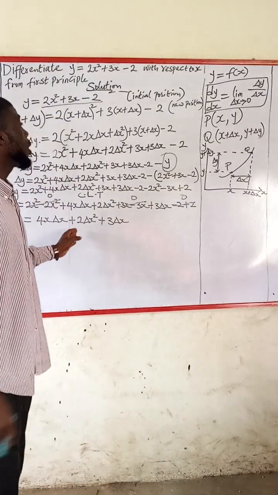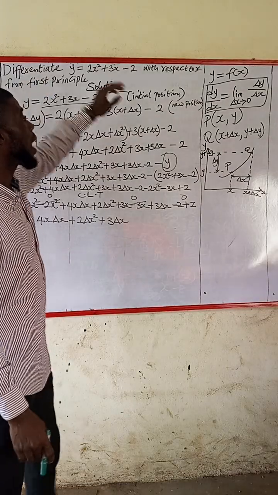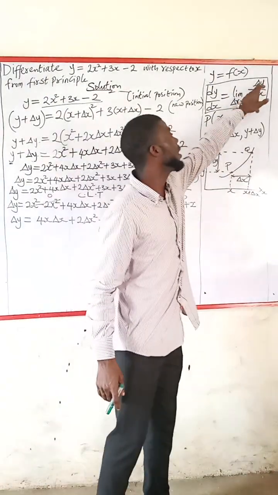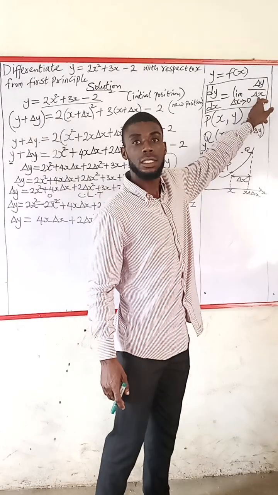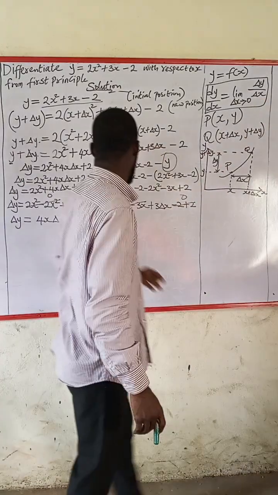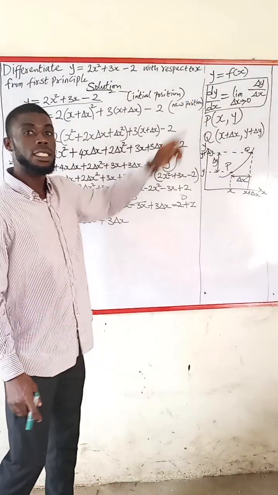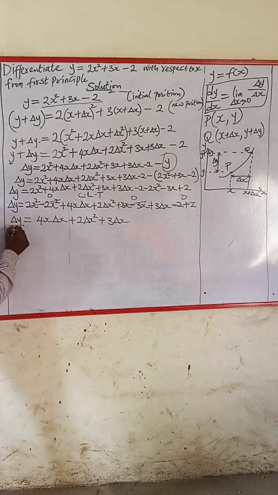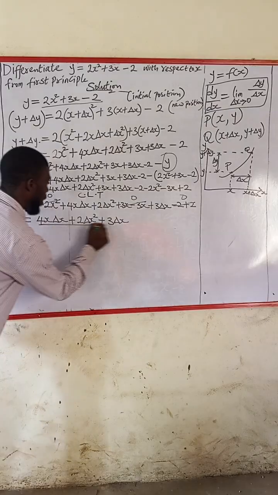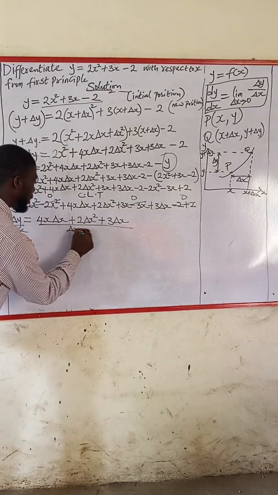But don't forget, we said that the derivative, dy/dx, is changing y over changing x. So what do we do? We divide both sides by changing x. So I will divide here by changing x, and I will also divide here by changing x.